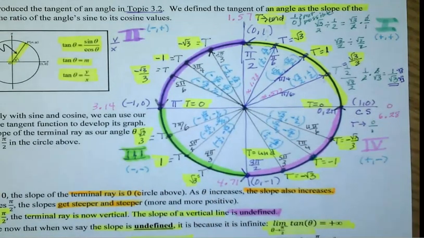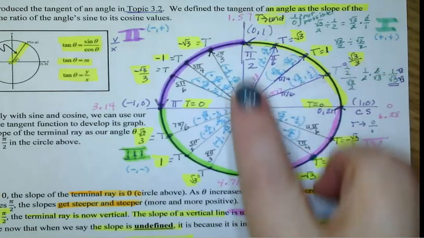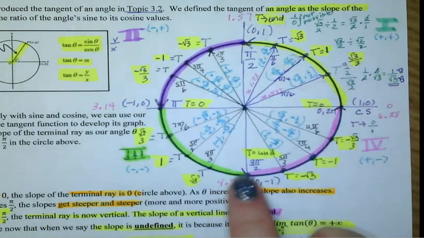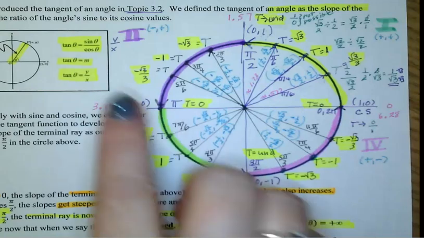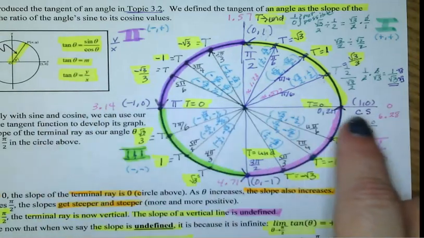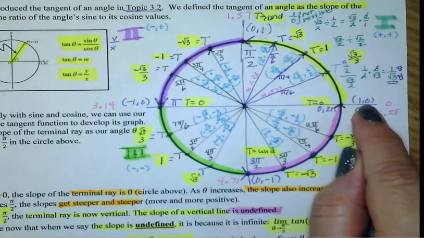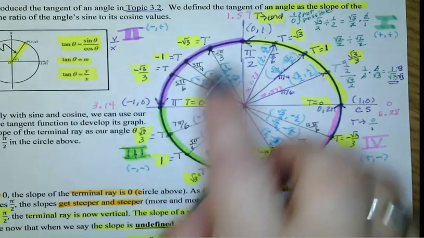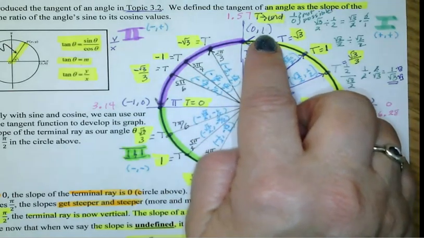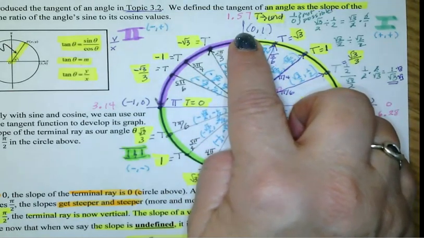The only thing you have to worry about in tangent then is remember that when you're on this vertical line, the tangent slope is undefined. When you're at the horizontal line, the tangent is 0 because the sine values are all 0. So 0 divided by anything is 0. On the vertical line, the sine values are a number, but the cosine values are 0.